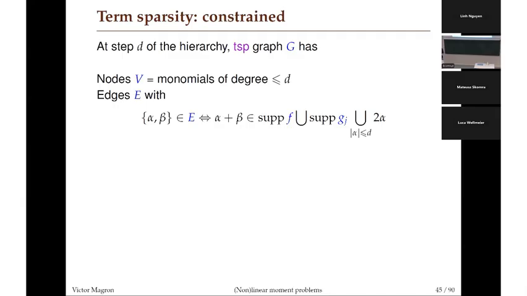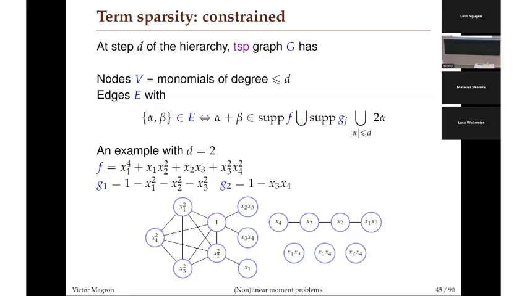Since you are looking for sum of squares with composition, you should really make sure that you will have squares. And actually, this graph will basically determine some block diagonalization of your moment matrix and also your graph matrix.